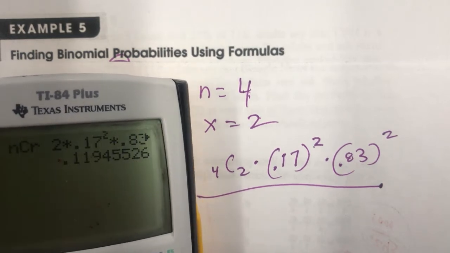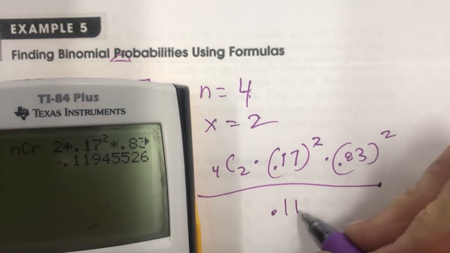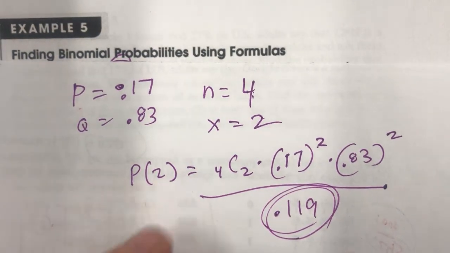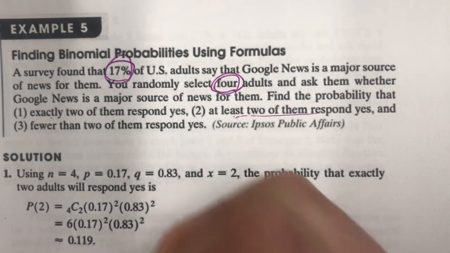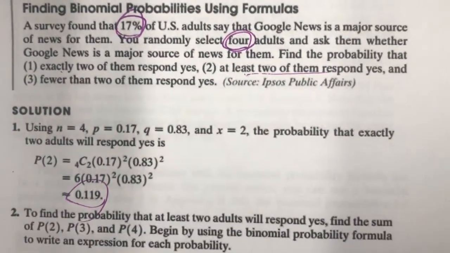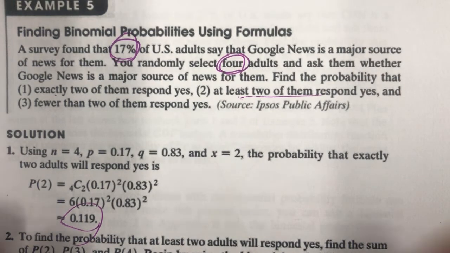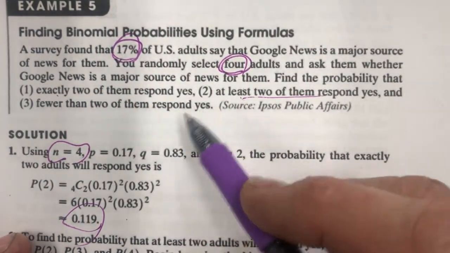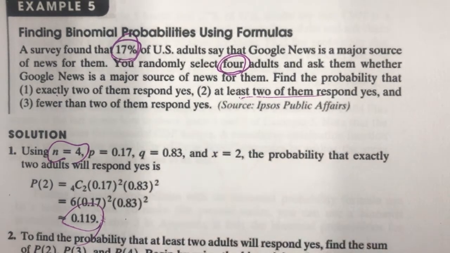And that is 0.119. Okay, that's my probability of 2 of these people. In other words, of these 4 people, what's the probability that 2 of them say yes? Well, right there, that's the probability 2 of them say yes.